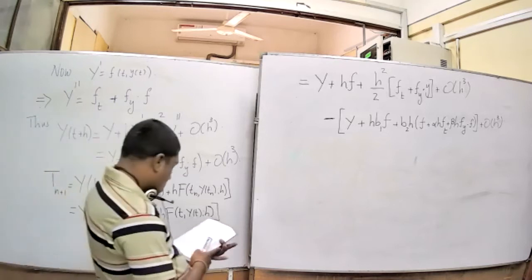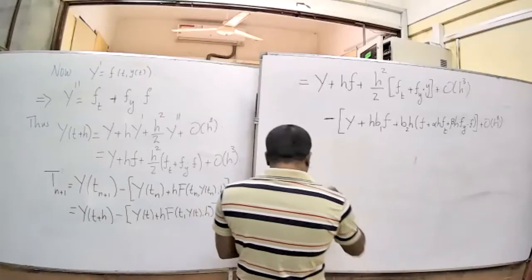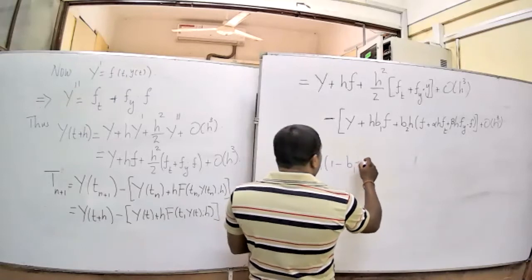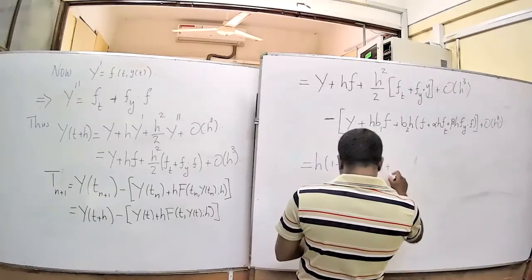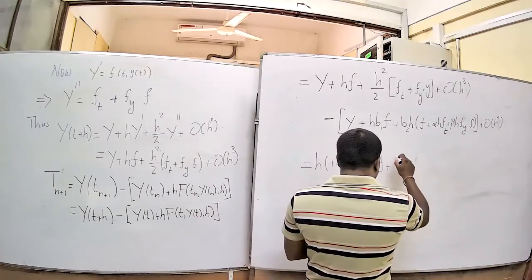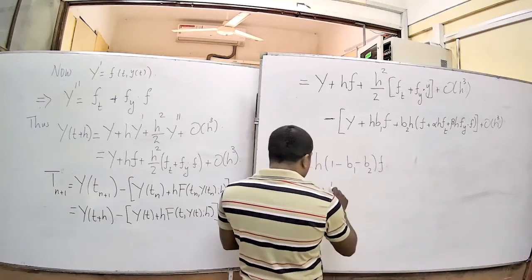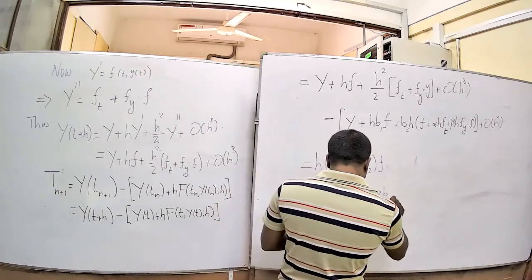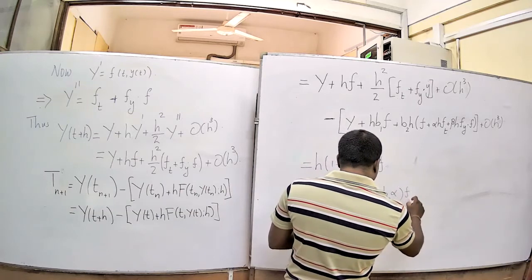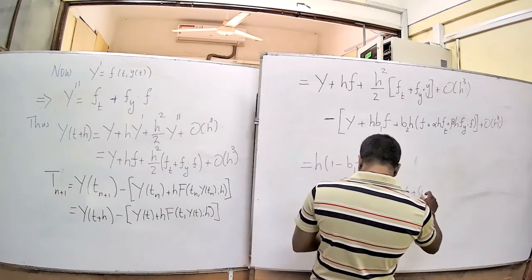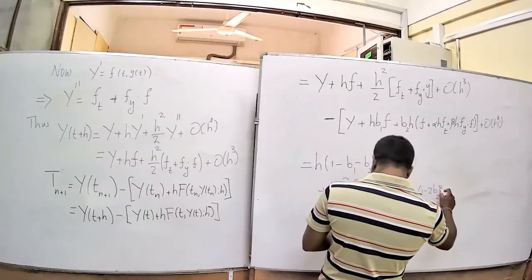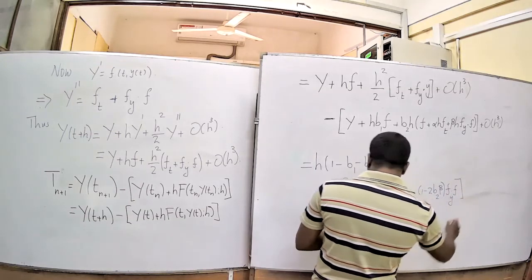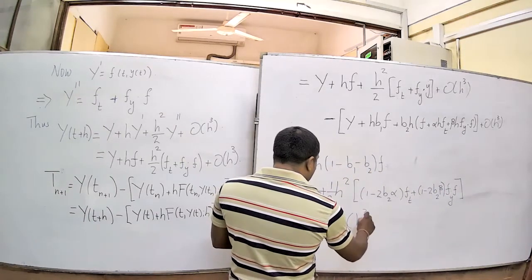So let me write it down. So you have h times 1 minus b1 minus b2 f, plus half h squared into 1 minus 2 b2 alpha f sub t plus 1 minus 2 b2 beta f sub y dot f, bracket closed, plus order of h squared, h cubed.